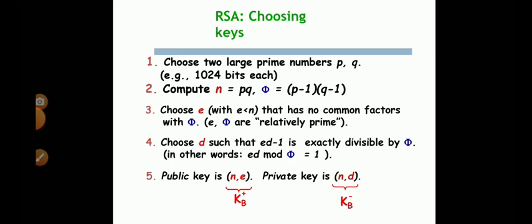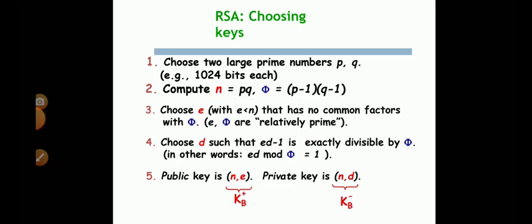Finally, after computing E and D, we can derive the keys. The public key is n comma E. We have computed n by using P into Q, and we have also computed the E value, the relatively prime value. After computing n and E, the combination of both is called your public key.